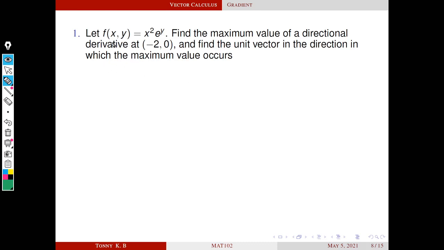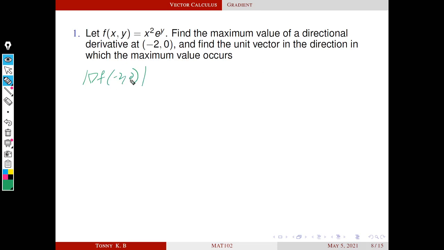Consider a problem: f(x, y) is equal to x squared e raised to y. Find the maximum value of the directional derivative at (-2, 0), and find the unit vector in the direction in which the maximum value occurs. From the previous discussion, it is clear that the maximum value of the directional derivative is the modulus of del f at this point (-2, 0).